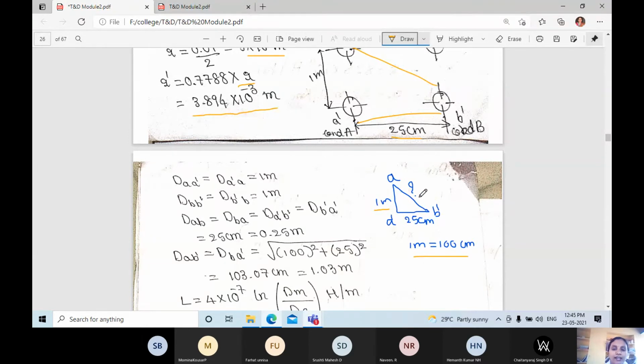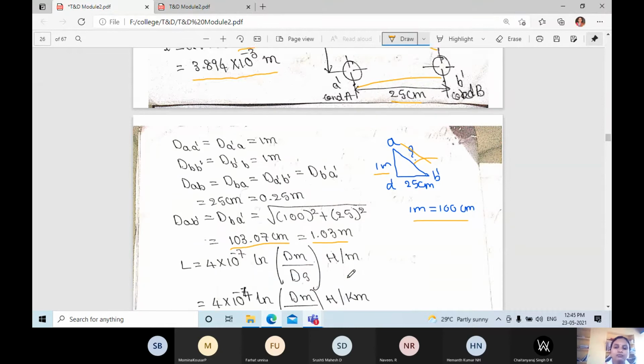To find AB dash, we write the square root of 100 square plus 25 square. If you calculate that, we get the distance between A and B dash as 103.07 centimeter, which in meters is 1.03 meter.